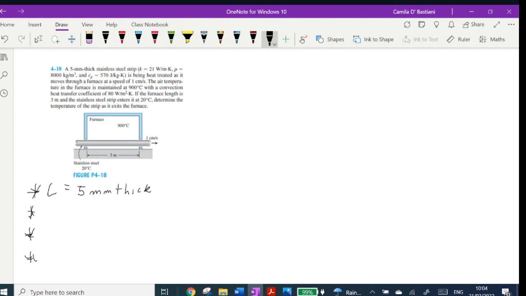Stainless steel, so you also know the material. And we know that it's a strip, okay? So it's something very thin.